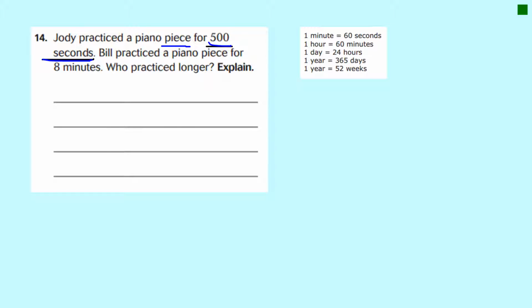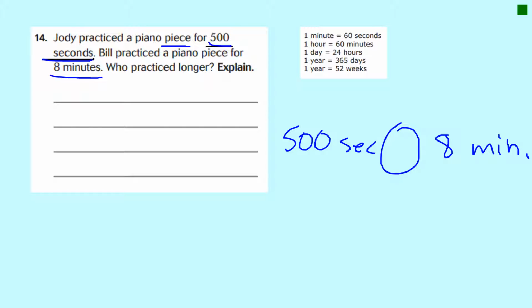Okay. Bill practiced a piano piece for 8 minutes. Who practiced longer? Explain. Okay, so Jody was 500 seconds, compared to Bill. He practiced for 8 minutes.